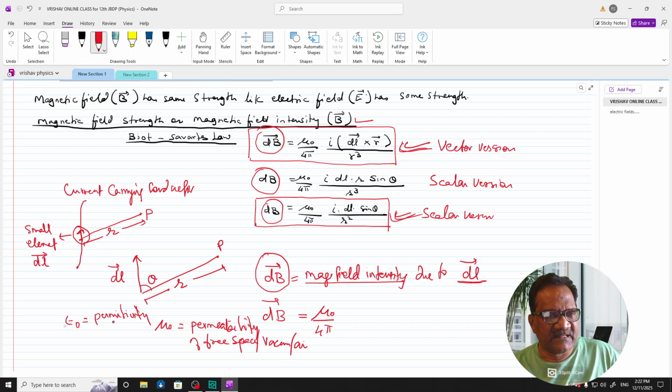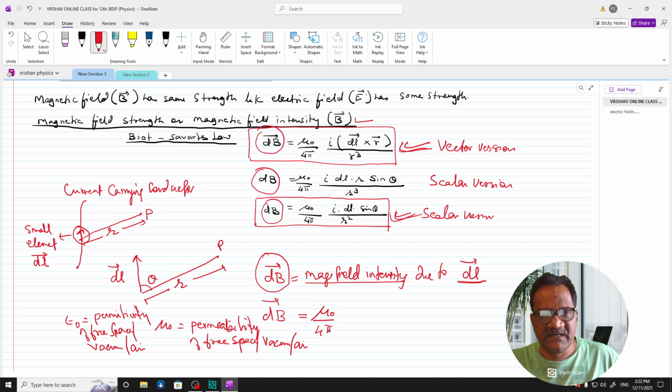This epsilon 0 was permittivity of free space, or vacuum, or air. So similar to epsilon 0, you have a quantity called mu 0, which is known as permeability of free space.